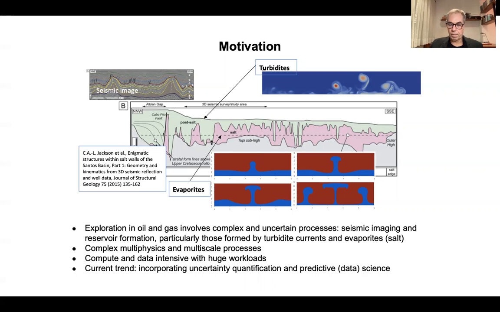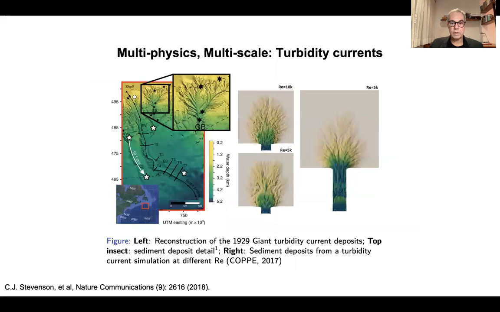Well, just for you to see, in this picture, on the left you can see the reconstruction of the 1929 giant turbidity current deposits. It was basically on the west coast of Canada.